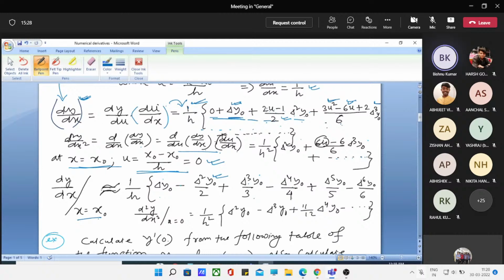First term by 1, second term by 2, third term by 3, with plus and minus signs, and those elements are nothing but the upper diagonal elements in the difference table: the first difference top element, second difference top element, third, fourth, and so on. In that way, you can calculate the derivative at the first point. I did not do that derivation in the last class, but I simply wrote this formula. Is it clear?